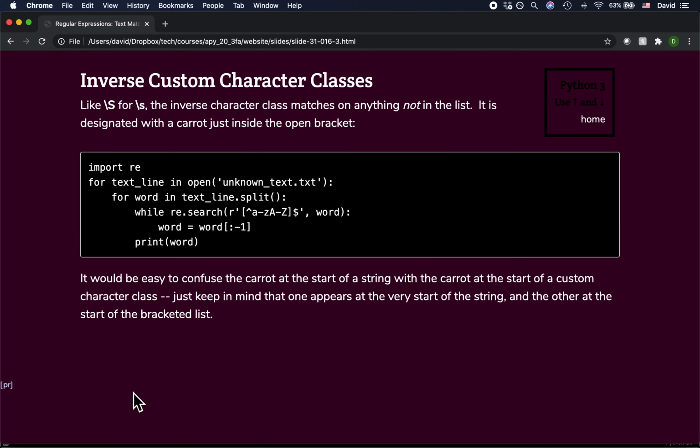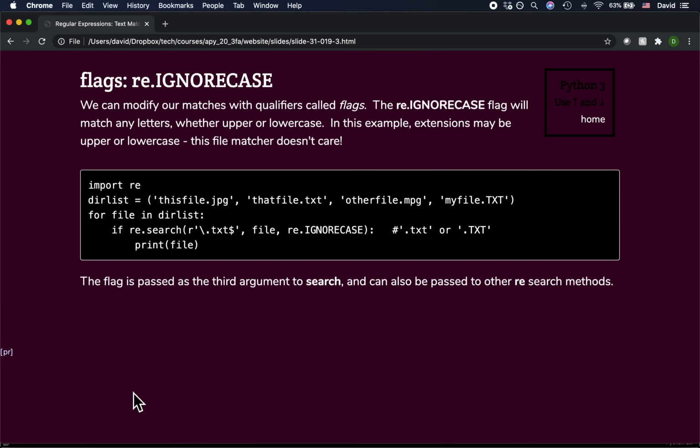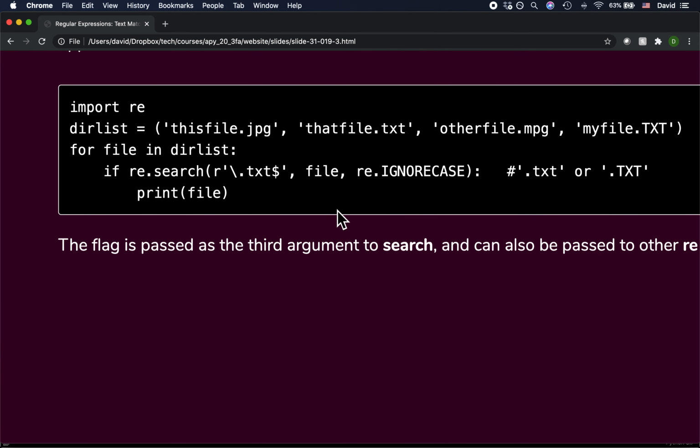There's also a number of flags that are possible. One of them is ignore case. The flag would appear as the third argument in a search. You can see that this is going to match on any of, and some file systems do this, it's going to look for .txt at the end of the string in this file name.